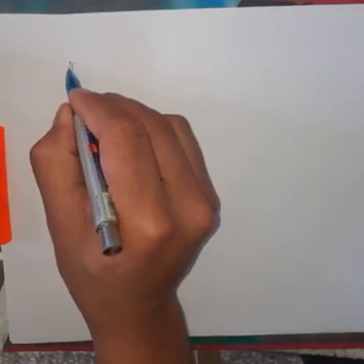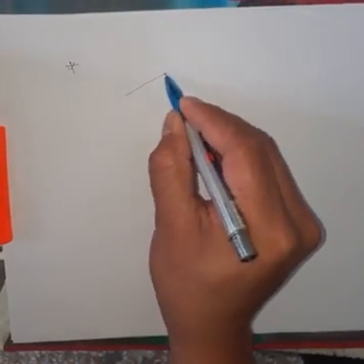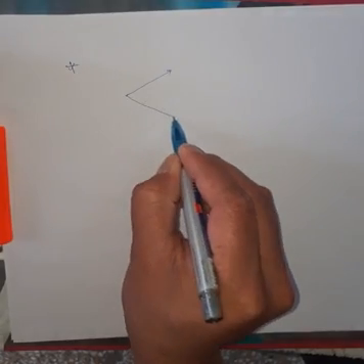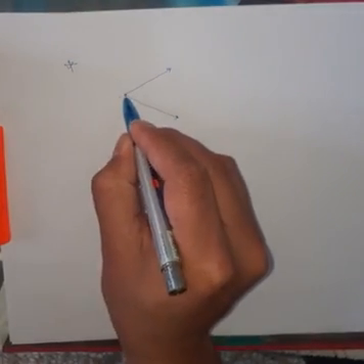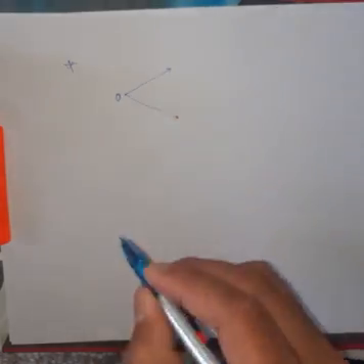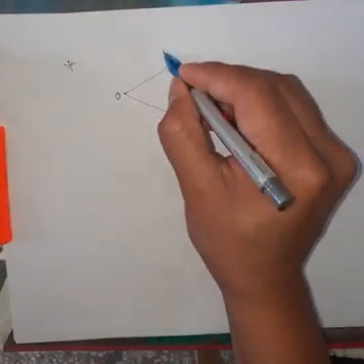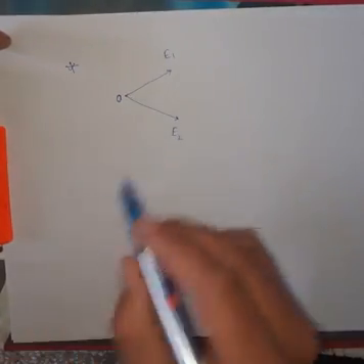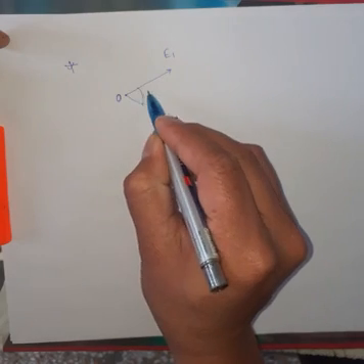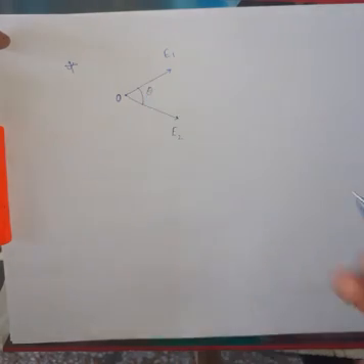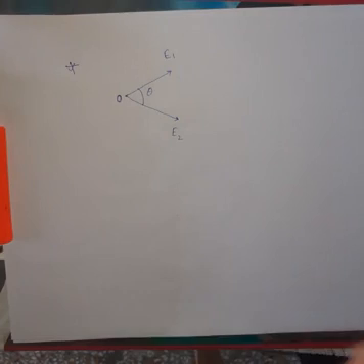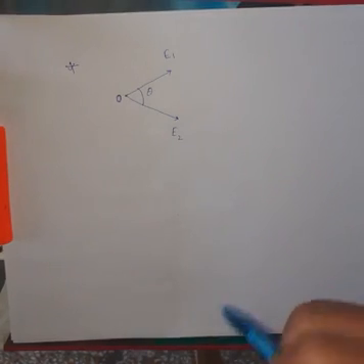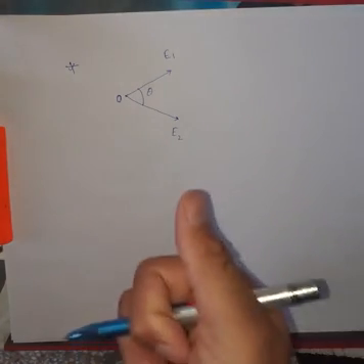Suppose one electric field is given in this way and the second electric field is acting in this way at this point O. On this point O, two electric fields E1 and E2 are acting, at an angle theta.